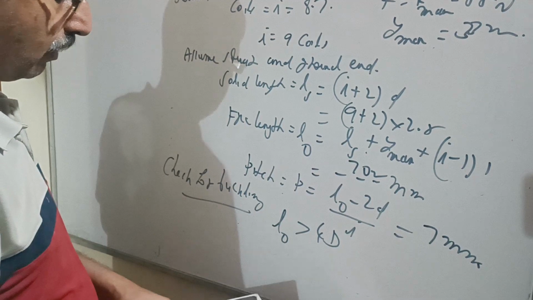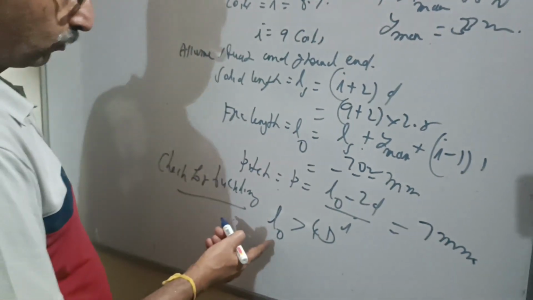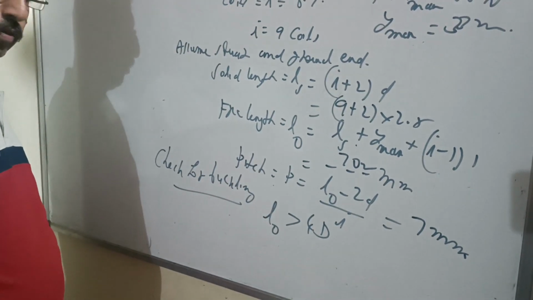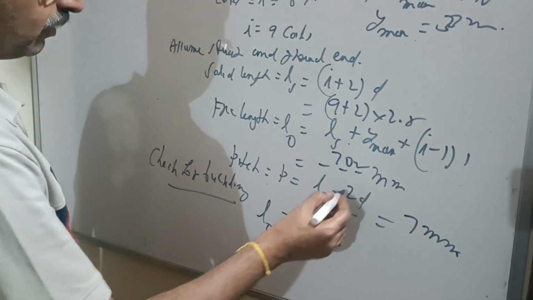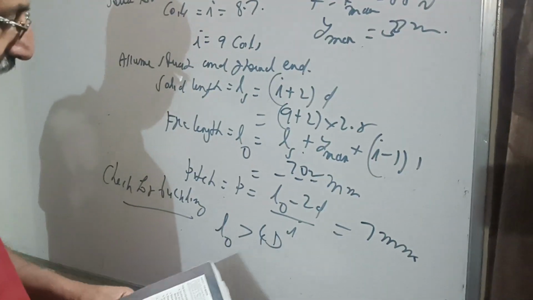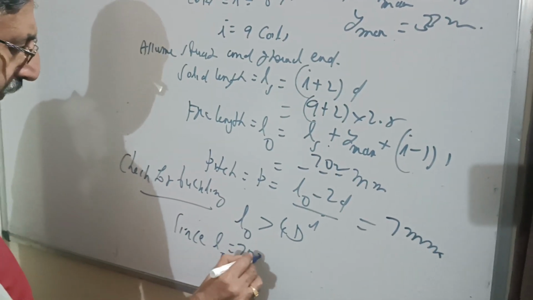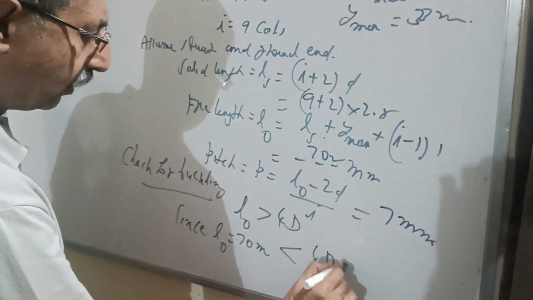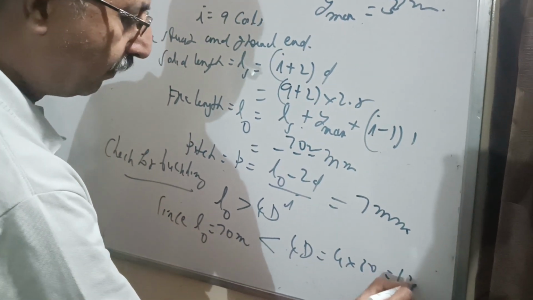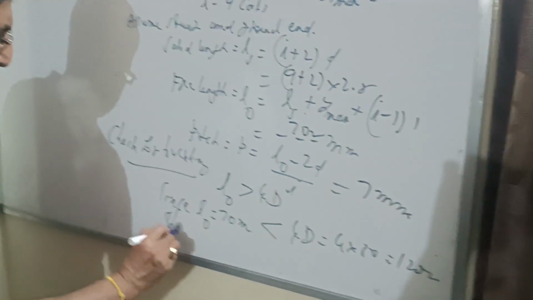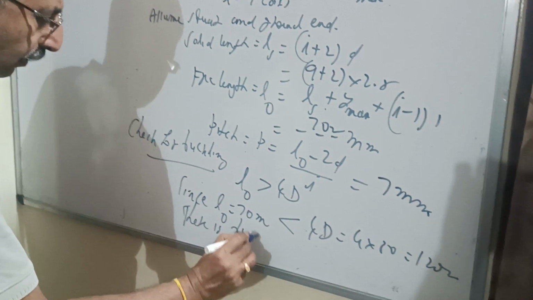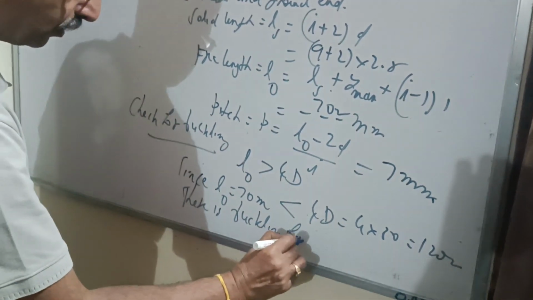I think 30 millimeter. 4 into 30 is 120. Since L0 is equal to 70 millimeter, less than 4D equal to 4 into 30, that is 120 millimeter, there is buckling failure.